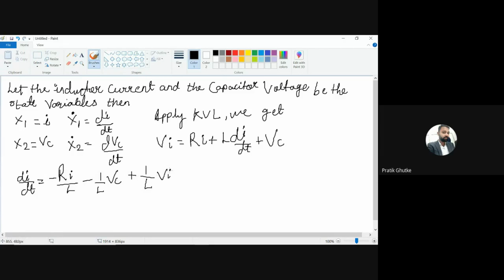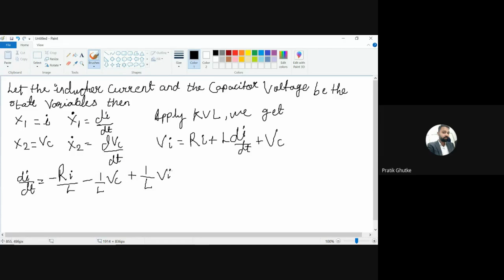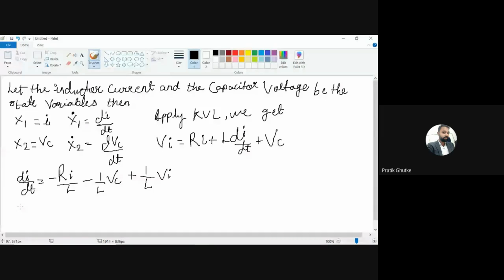Now in your question part, the values of R, L, and C they have given. What is given? R equals to 2 ohm, L equals to 1 Henry, and capacitance C equals to 1 farad.